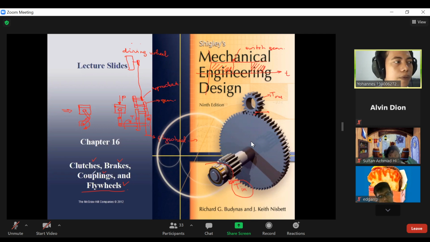And how about the couplings? It is also to transmit the power, but it is permanent. Okay. So the characteristic is permanent. So for example, we have here the input torque, and we want to transmit it to the other shaft here, which has the output torque.